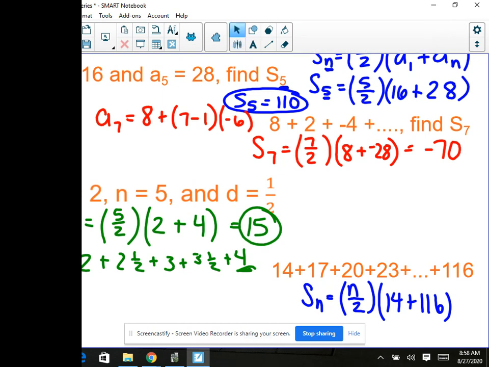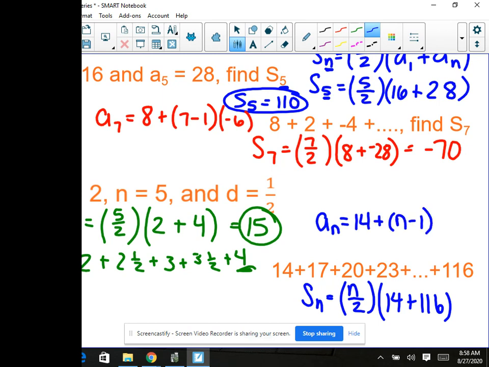So from there, I can use the formula from, what was it, 2 days ago? So I have my first term, which is 14. Don't know what n is. Know my common difference is I'm going by 3. I also know what my term is, so I can plug in 116.